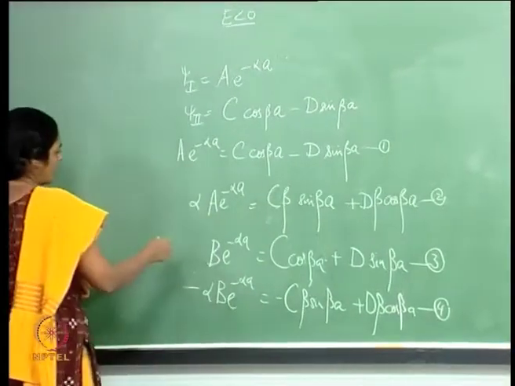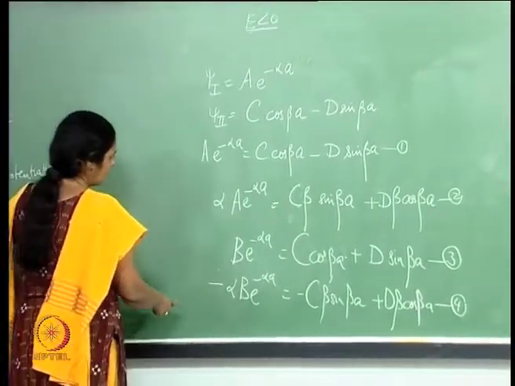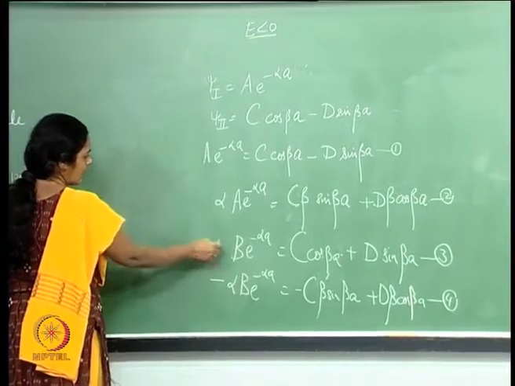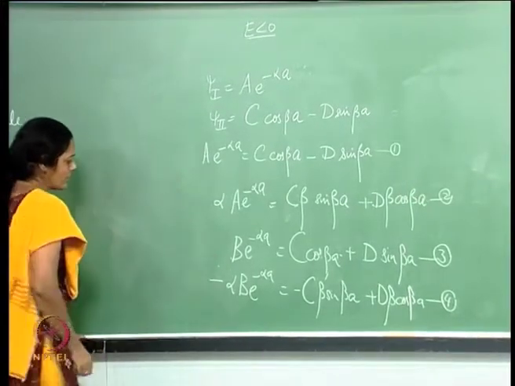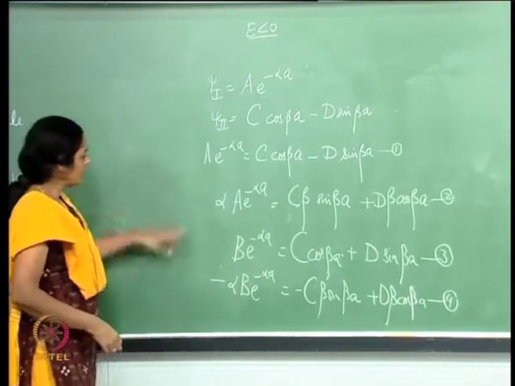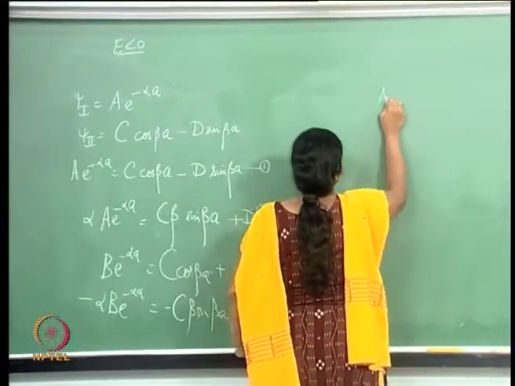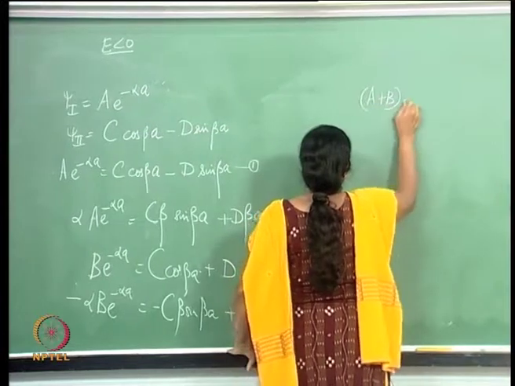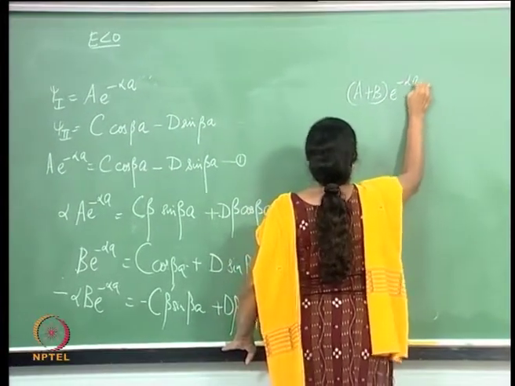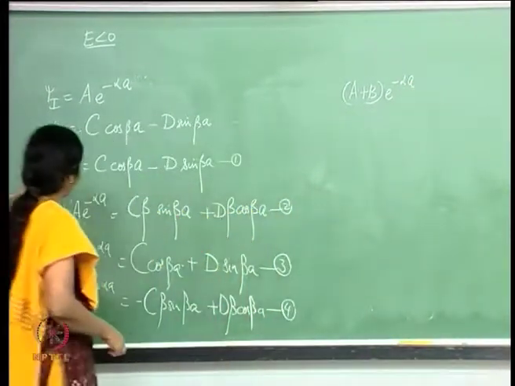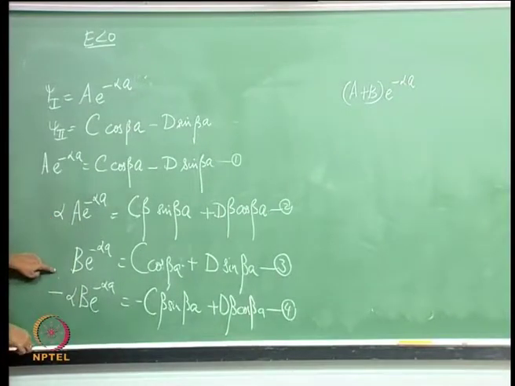So let's look at this. I can add equations 1 and 3. So that gives me A plus B e to the minus alpha a equals 2C cos beta a.